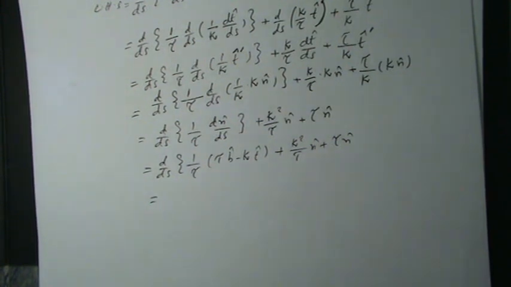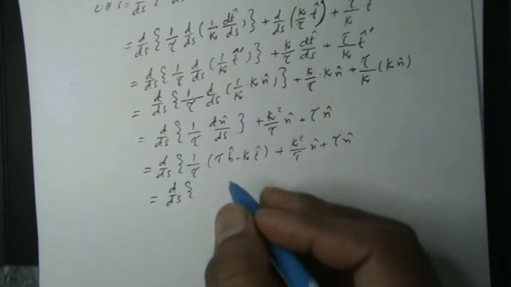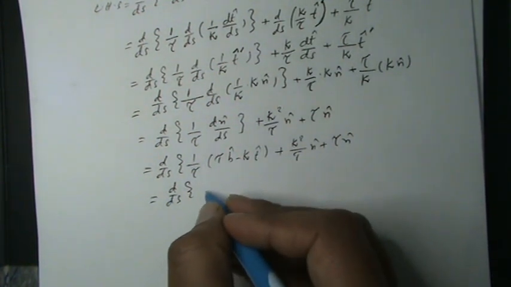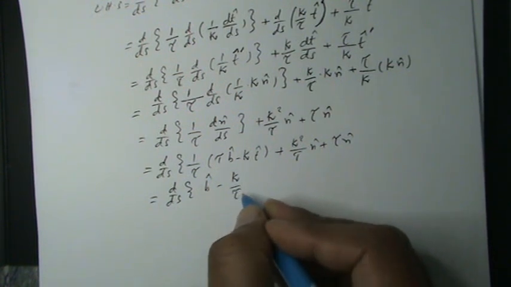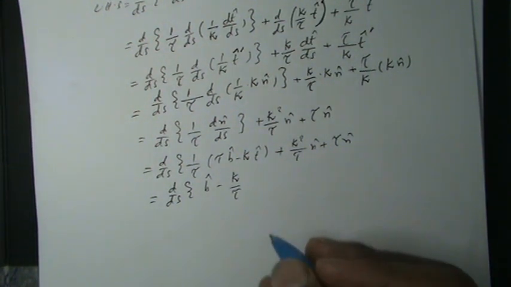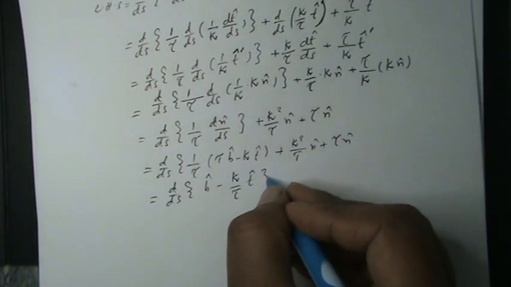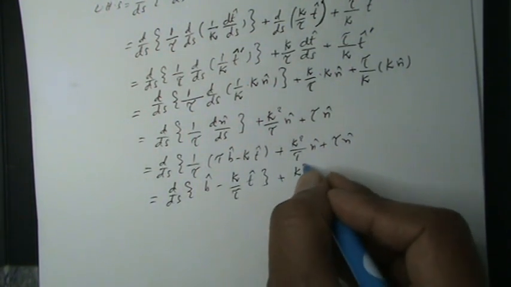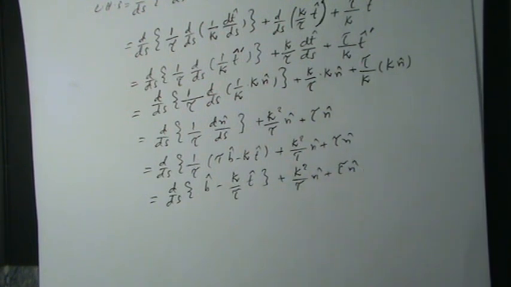This is equal to d by ds into b unit vector minus kappa over tau t unit vector, plus kappa square over tau n unit vector plus tau n unit vector.